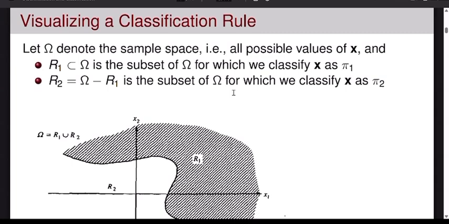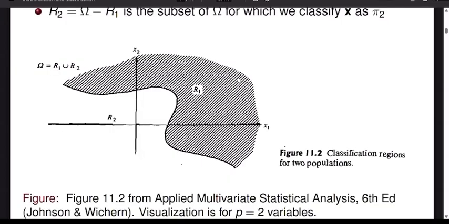And of course R2, because when I add R1 to R2, I have omega. Omega is the whole possibility. So if I want to figure out R2, then R2 is just omega minus R1. That would be the subset of omega for which we classify it into group two. Now, this is the picture, if you want to visualize that.